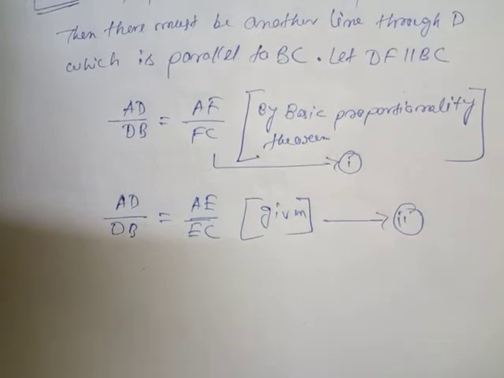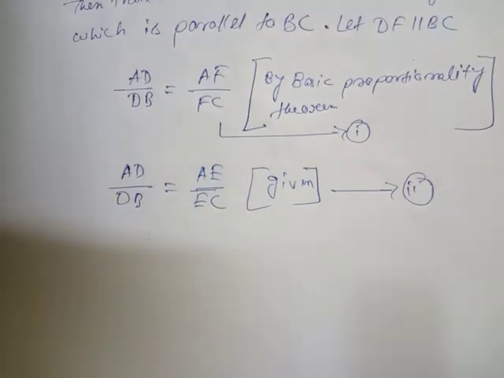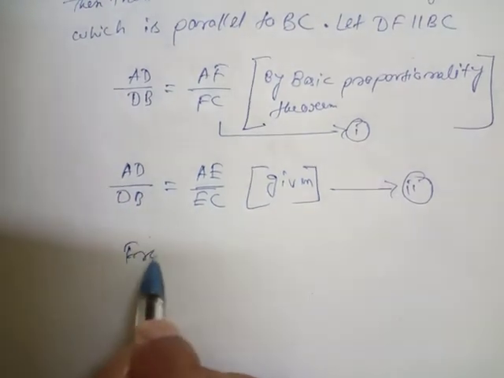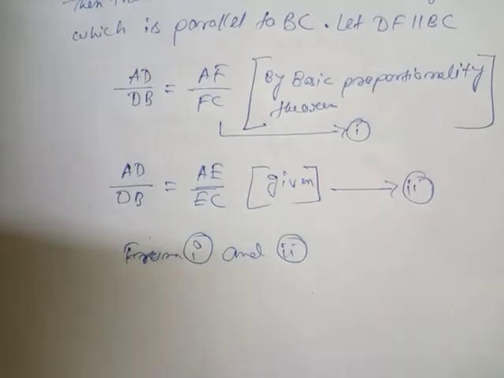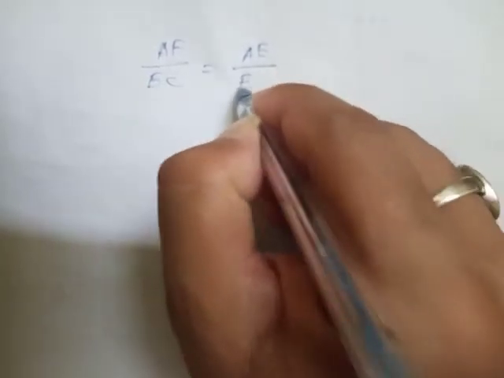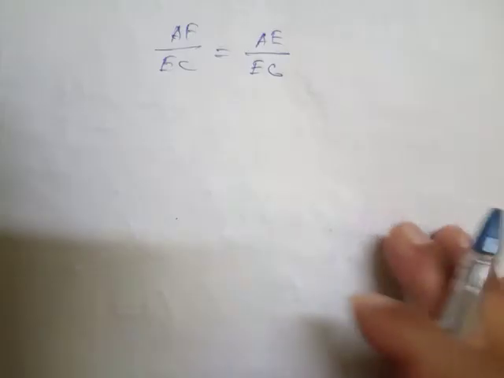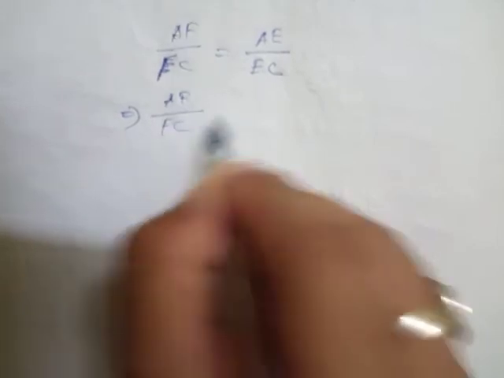Now look, students, in 1 and 2, AD by DB is the same on both sides, so from 1 and 2 we write here that AF by FC equals AE by EC. Now we'll add 1 to both sides.